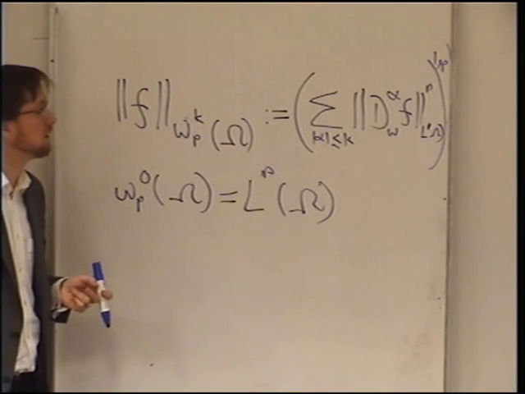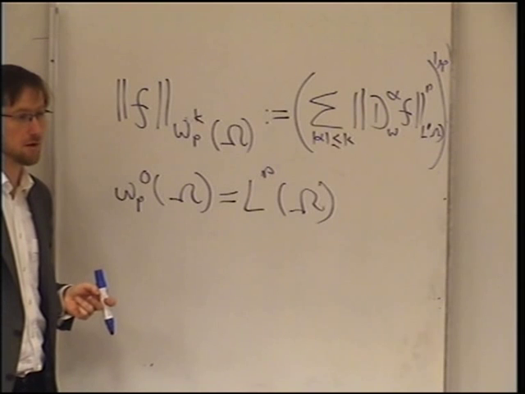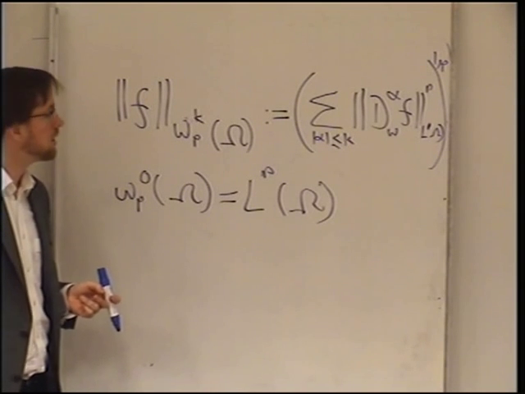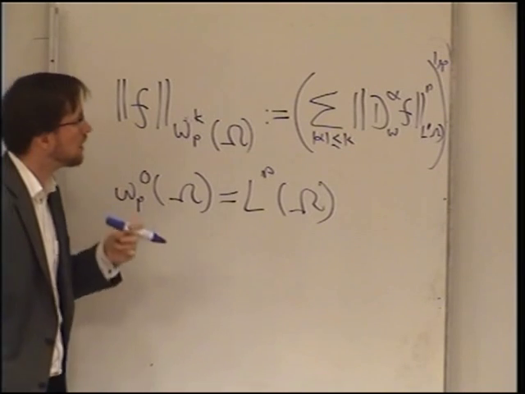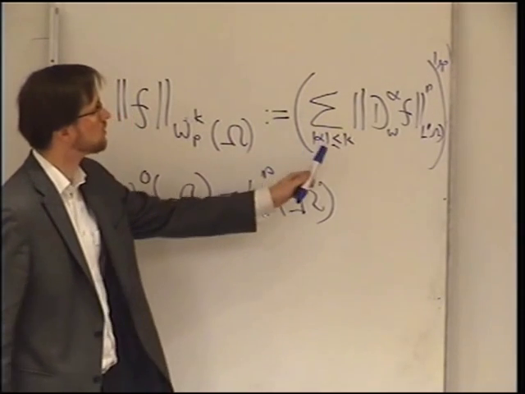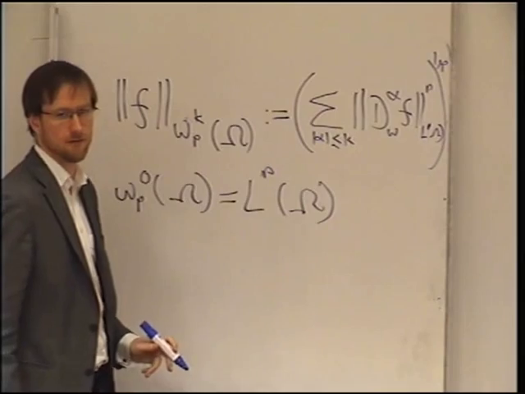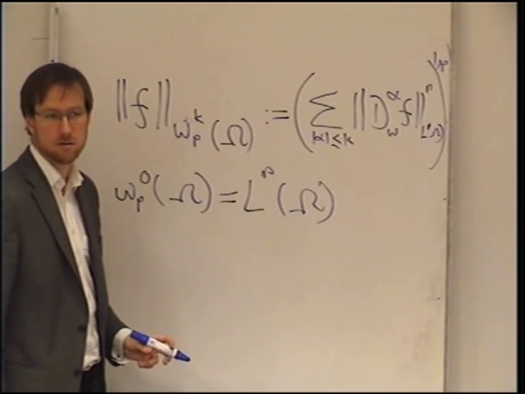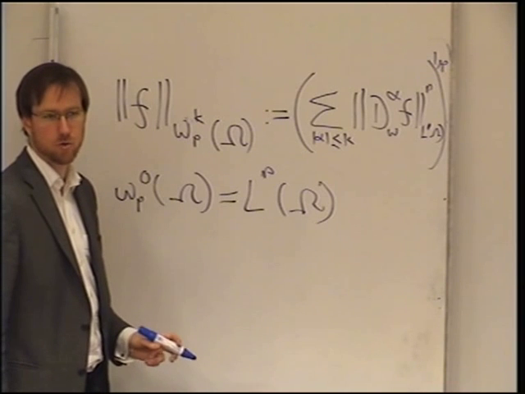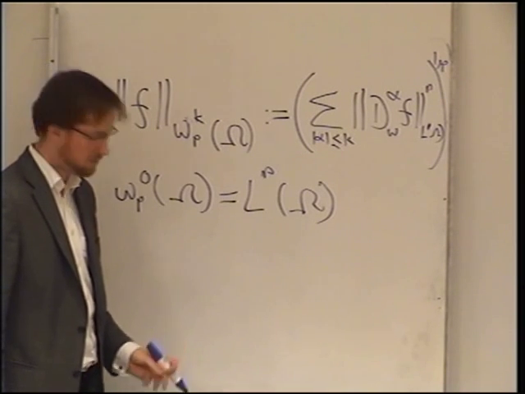There's another case that we have seen as well, which is if we set k equal to 1, then we get back the Sobolev norm A, which we did in our original problem, right?